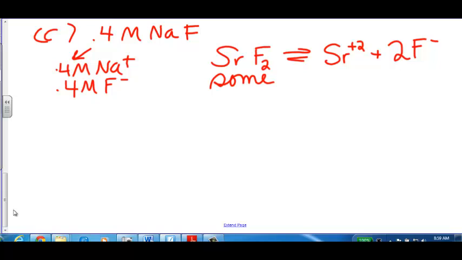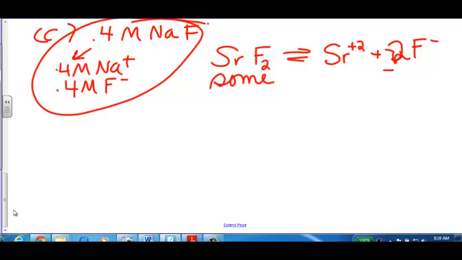Yeah, the F that we're starting with isn't coming from the dissociation of SrF2. The F that we're starting with is coming from NaF, and there's only one F in NaF, right? So we're starting with 0.4 molar of this, none of this. So this goes down by x, this goes up by x.